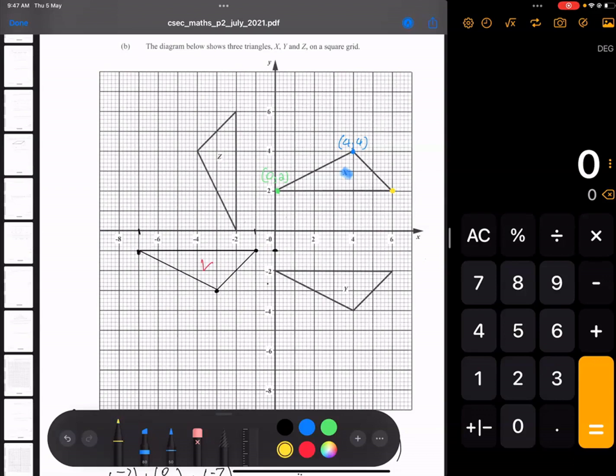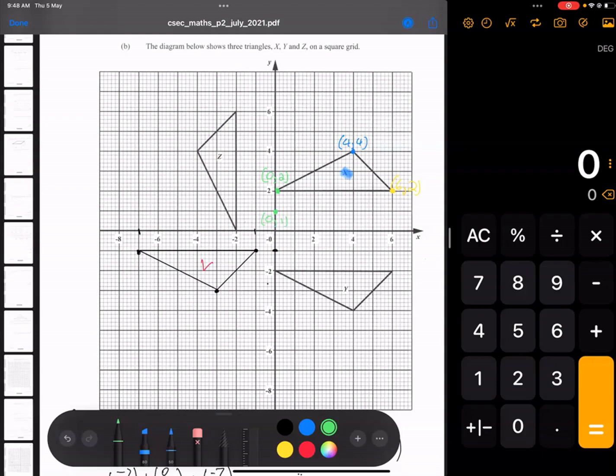And for our yellow point, we would have 6, 2. For each of them, we're just going to halve each coordinate. So let's look at green. Half of 0 is 0, half of 2 is 1, so our new coordinates would be 0, 1. It'll be right here.